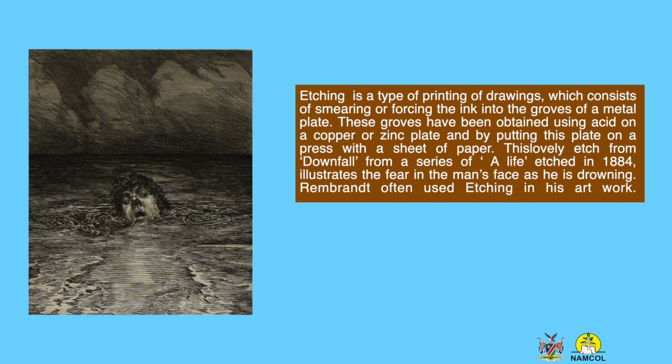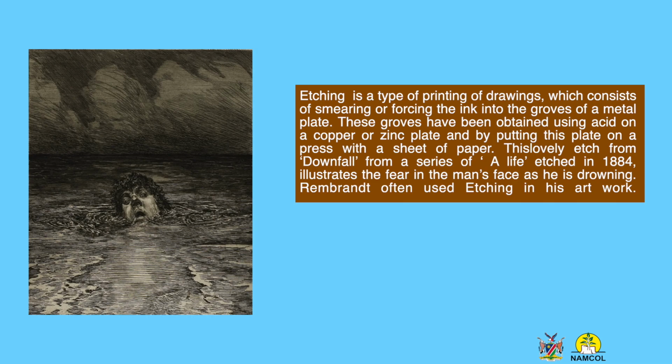Etching is a type of print of drawings which consists of smearing or forcing the ink into the grooves of a metal plate. Take note that etching is extremely difficult and it's not for everyone. These grooves have been obtained using acid on a copper or zinc plate and by putting this plate on a press with a sheet of paper. This lovely etch is from Downfall, a series of A Life etched in 1884.